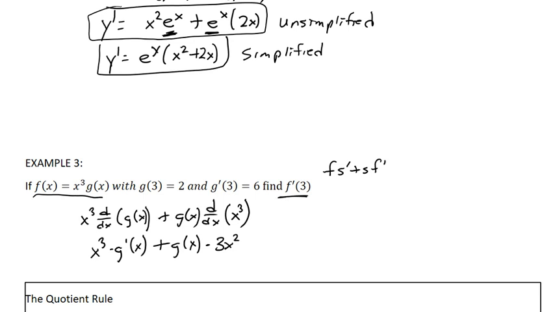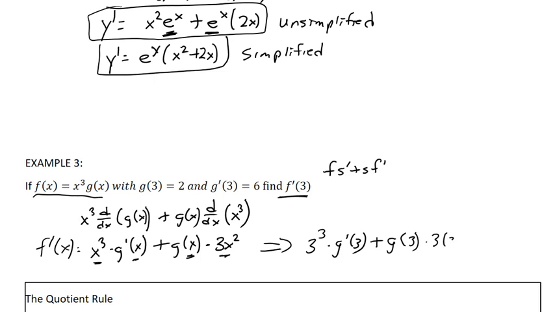Now to find f prime of 3, of course, we have to plug in 3. So it would be 3 cubed times g prime of 3, if I plug 3 in here and here and here as well, plus g of 3 times 3 times 3 squared. So this would be 27, and they gave us g prime of 3 to be 6. So that's multiplying.